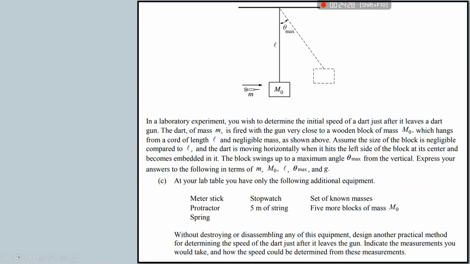So I want the speed of the dart just after it leaves the gun.